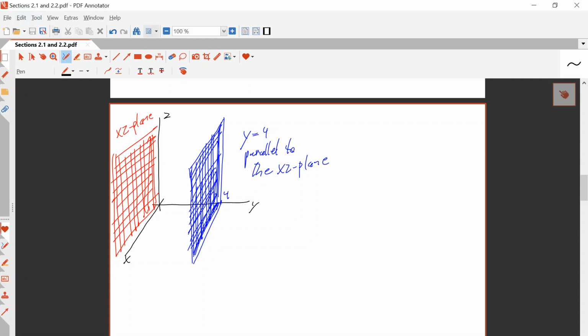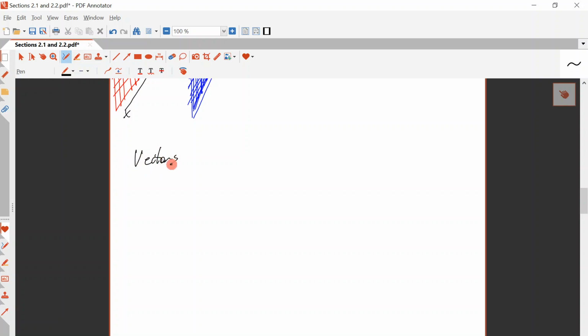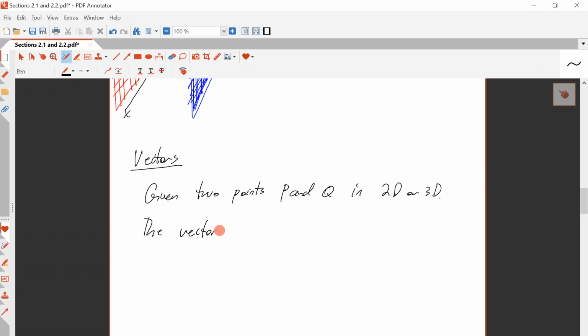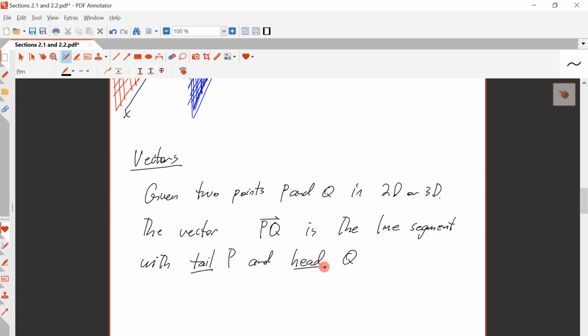Okay. Vectors. Given 2 points, P and Q, in 2D or 3D, the vector PQ, with a little arrow on the top of it, is the directed line segment, well, the line segment directed from tail P to head Q. So the tail and the head.